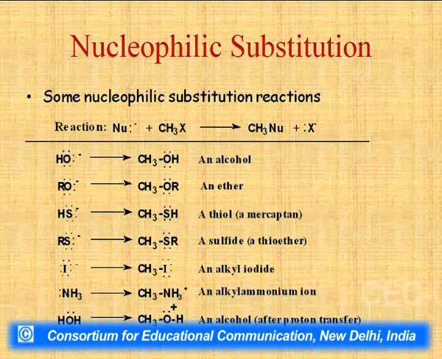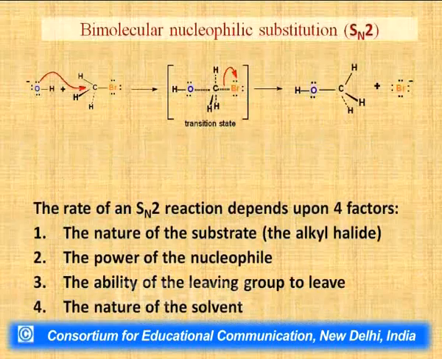When it is alkoxide ion, the product is an ether. When HS negative is there, a thiol is formed. RS negative, a sulfide is formed. Iodide, alkyl iodide is formed. Ammonia, an alkyl ammonium ion is formed. Water molecule, and alcohol will be the product.